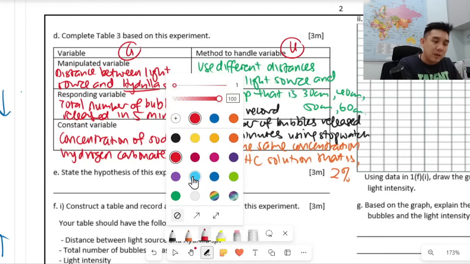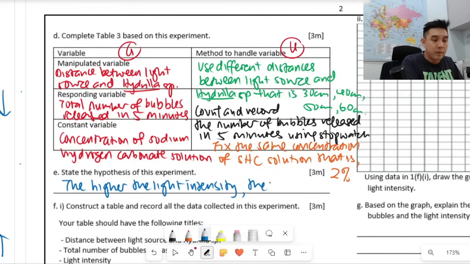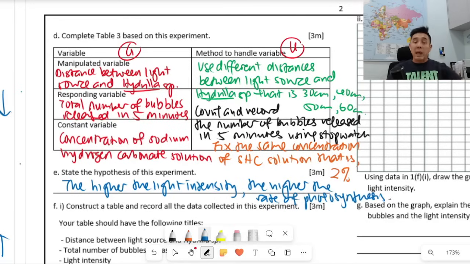Next, hypothesis. Hypothesis here, you can straight away say that the higher the light intensity, the higher the rate of photosynthesis. When it comes to this type of hypothesis, the previous video I taught you there are 3, right?